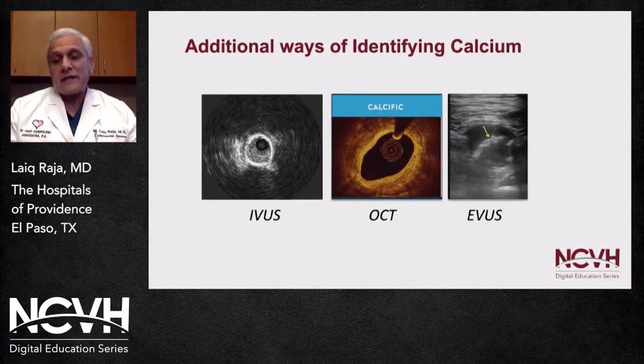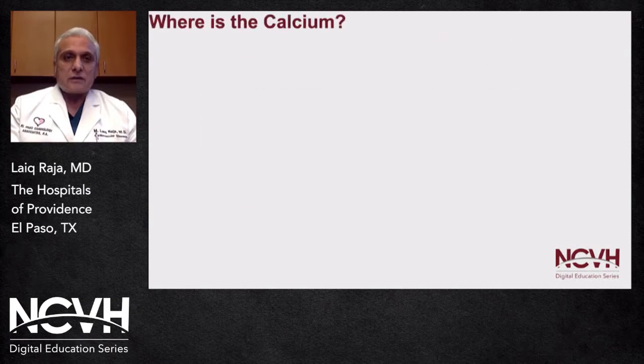Why is it important? Yes, it's very important to pick the tools, the devices we're going to use if it's intimal versus adventitial. OCT is another very important tool which helps us to localize and identify how much calcium we have, and also to some degree extravascular ultrasound.